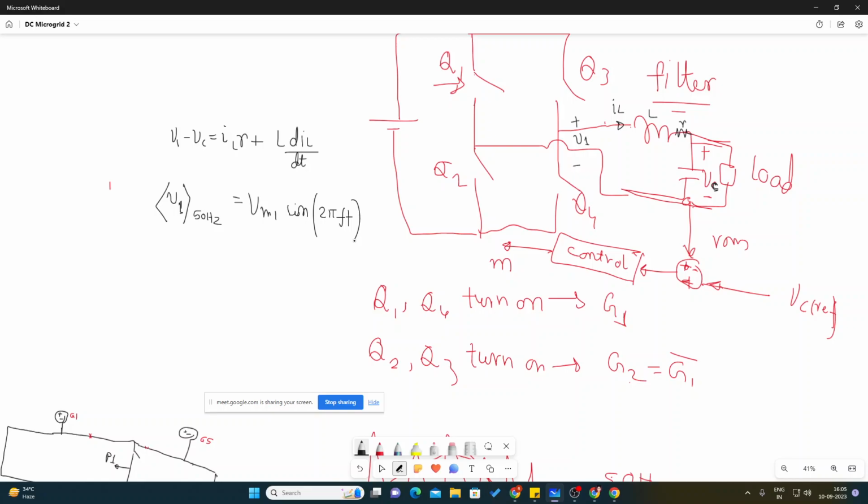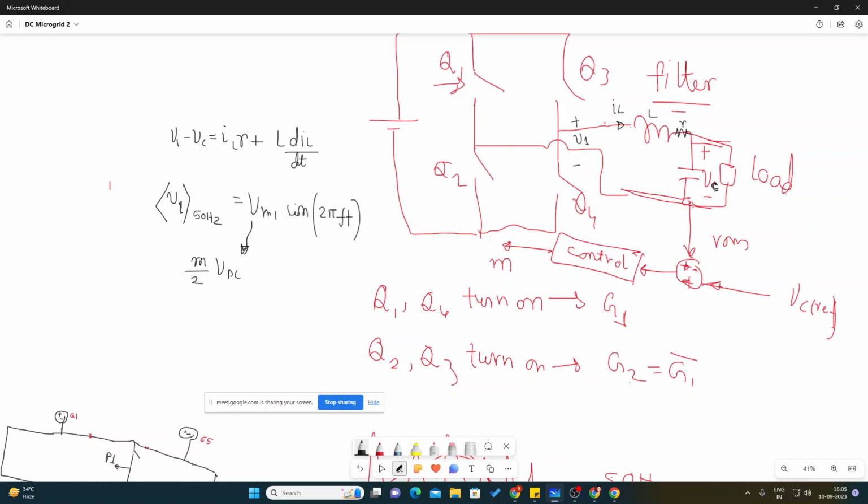V1 at 50 hertz is the modulation index m into sin omega t, so it is basically m by 2 VDC, Vm1, right?